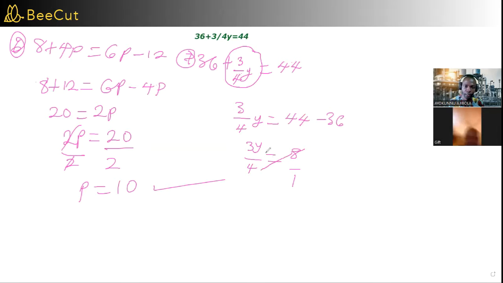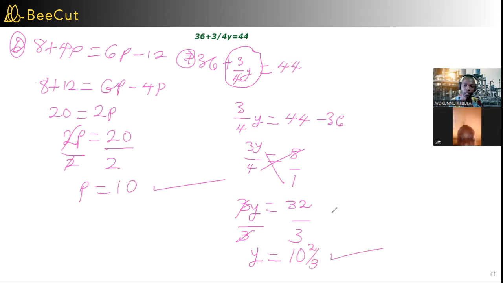So 1 times 3y is 3y, and 4 times 8 is what? 32. So I'm going to say divided by 3, divided by 3. Please cancel it. And I have y equal 32 over 3. How many 3 is in 32? 10, remainder 2 over 3. That is my answer. Okay?